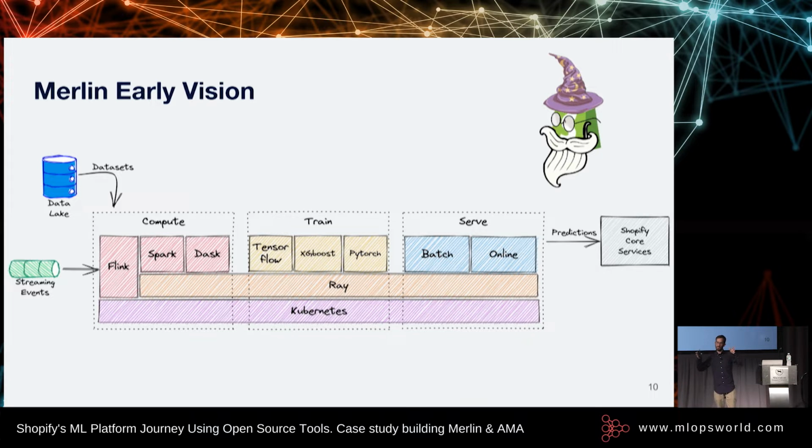In the machine learning workflow, we have the different steps, such as compute, training, evaluation, hyperparameter tuning, and then serving the model for batch jobs or for online inference. The predictions that come out of it can go into the Shopify core services that are user-facing.